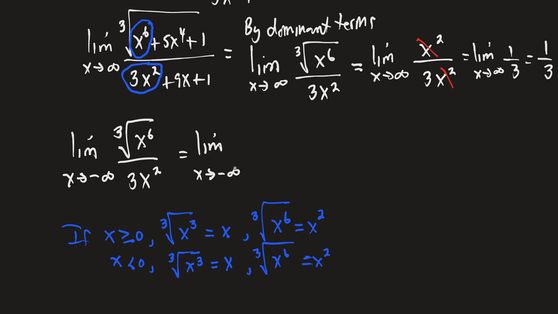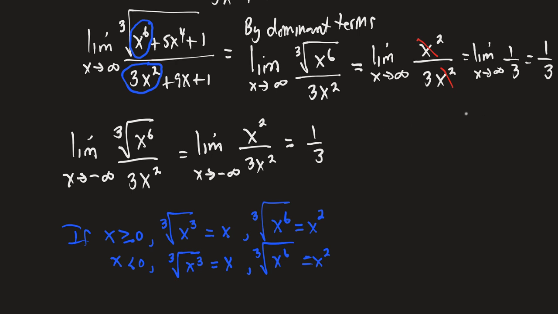So this step here has no difference, as opposed to what happened with the square root, where there is a difference. So we end up with x squared, and we still have 3x squared in the denominator, and this reduces and simplifies to 1/3.